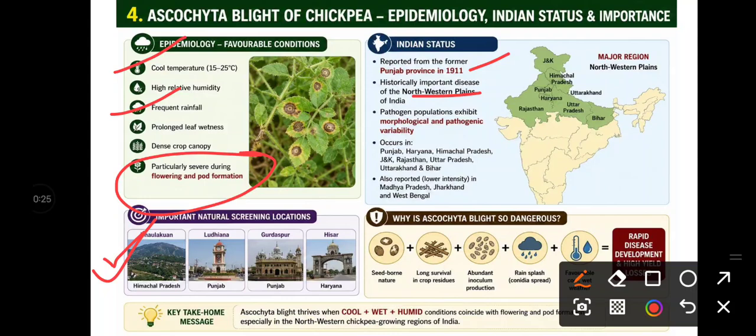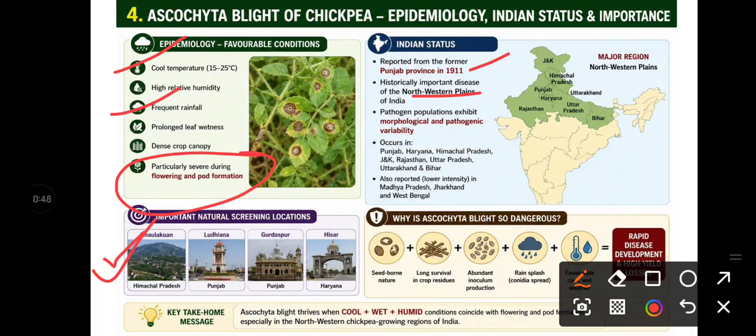Then why is Ascochyta blight dangerous? Simple important points on why this disease is very dangerous. First, the most important one is because of the internal as well as external seed-borne nature. As the seed itself carries the pathogen, it is very difficult to manage.